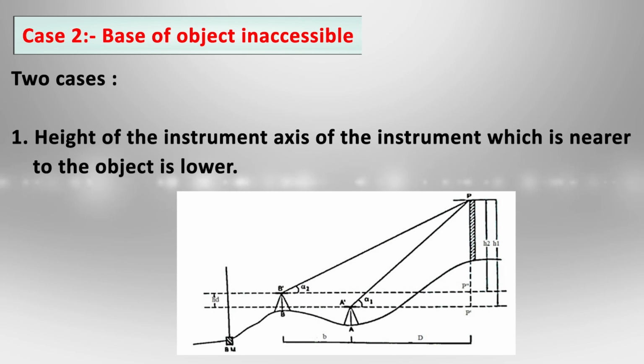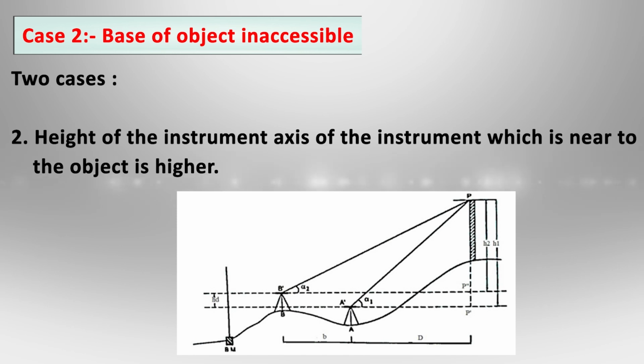So again there can be two cases. The height of the instrument axis of the instrument which is nearer to the object is lower. And in the second case, the height of the instrument axis of the instrument which is nearer to the object is higher.